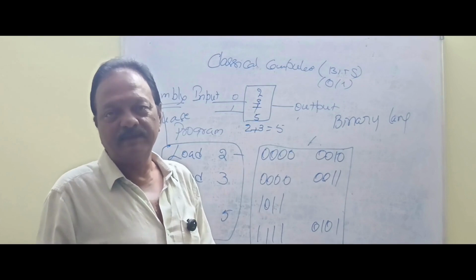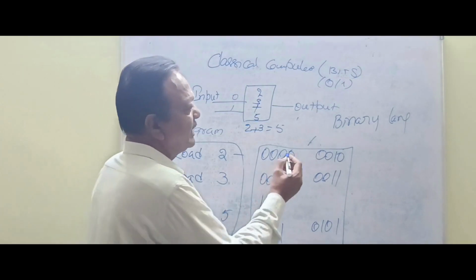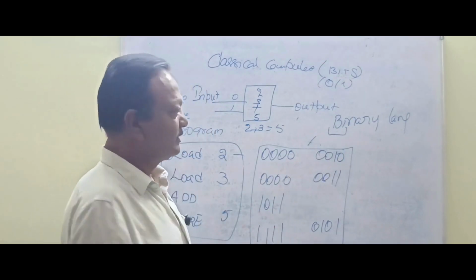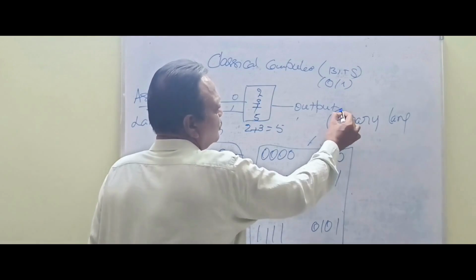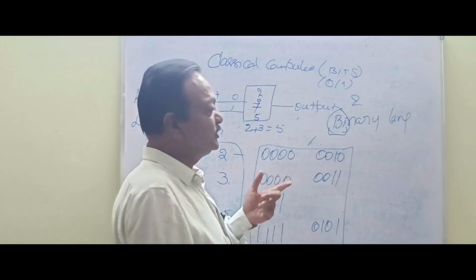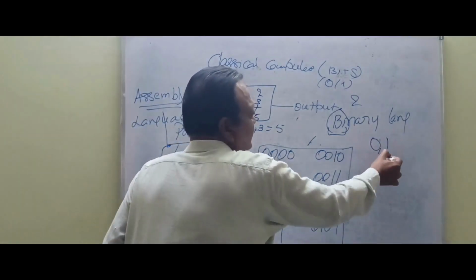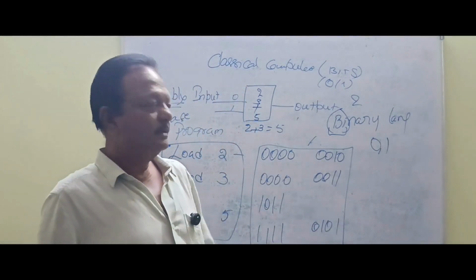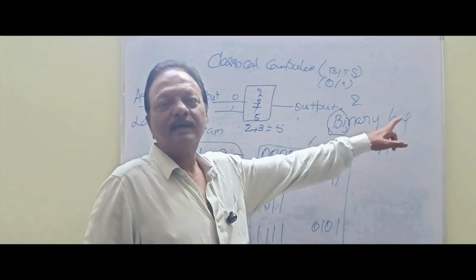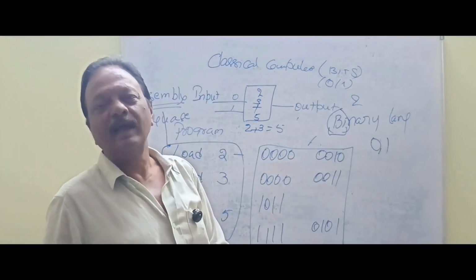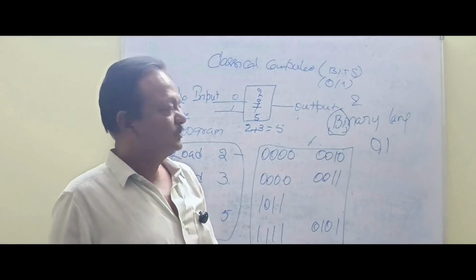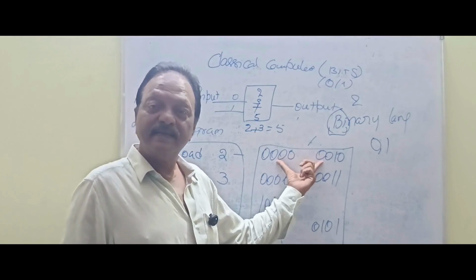Why binary language? See here, bi means two. What is two? Here only 0 and 1. These are two values. Got it? So using 0 and 1, we write a program or an instruction to the computer. So this total we call a binary language.